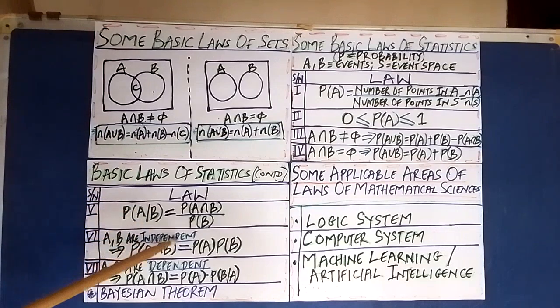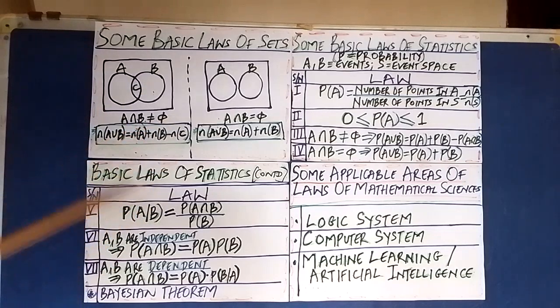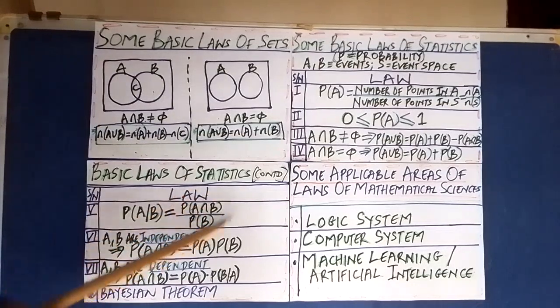But if A and B are independent, that is, they don't relate to one another, there is no relationship between A and B, that is, when A happens, it doesn't depend on what B does, and vice versa, then you can say the probability of A intersection B will be the probability of A times the probability of B. And when they are dependent on one another, the probability of A intersection B will be the probability of A times the probability of B given A. So it's more or less like substituting this.